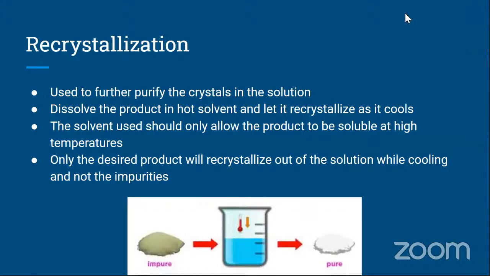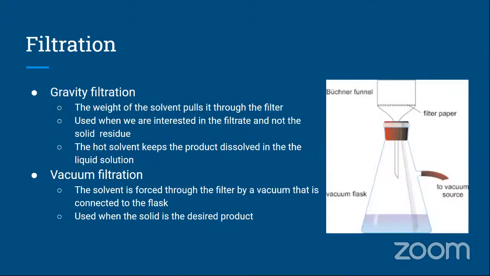I did have a question. I was wondering, for the vacuum filter, or just filtration in general, I know usually for vacuum filtration it says use when the solid is the desired product. Does that mean for gravity filtration it would be the same thing, or is there sometimes when you do want the liquid to be your desired product?